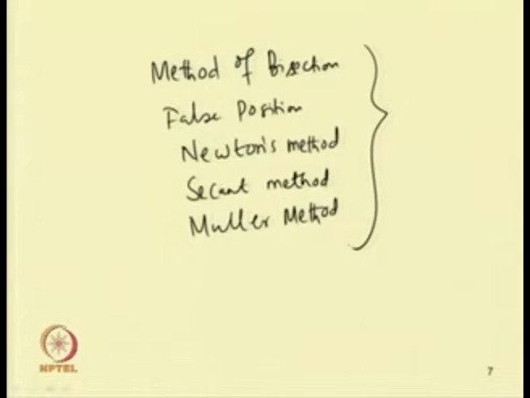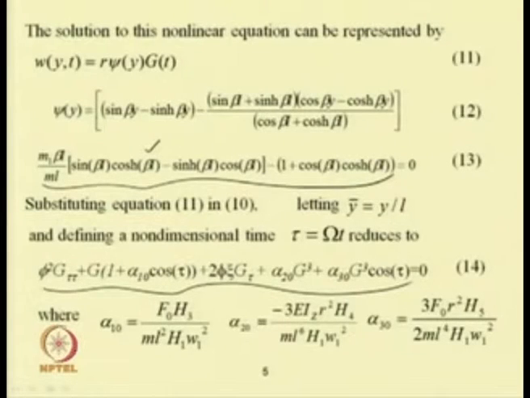When we have a single root to find, we can use these methods, and when we have multiple roots we may modify Newton's method to find the roots of the algebraic or transcendental equation. After finding the roots, one can find the shape functions of the system.